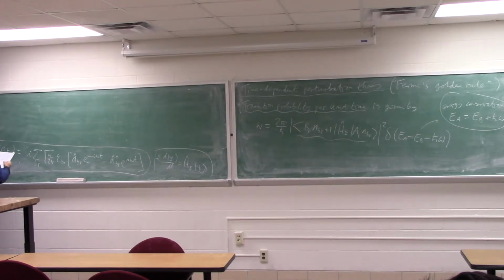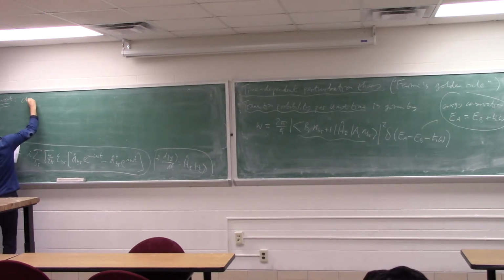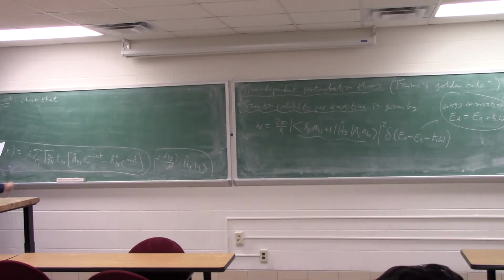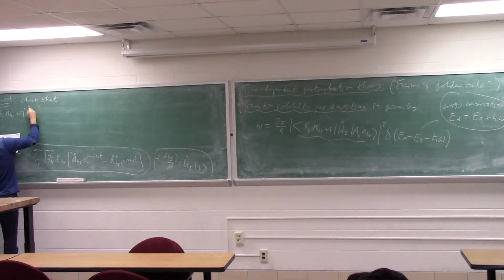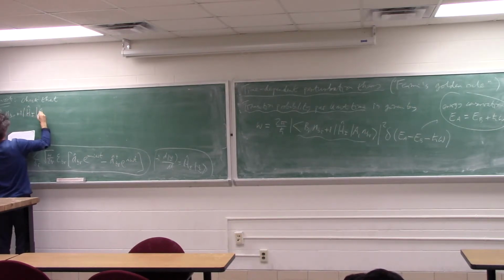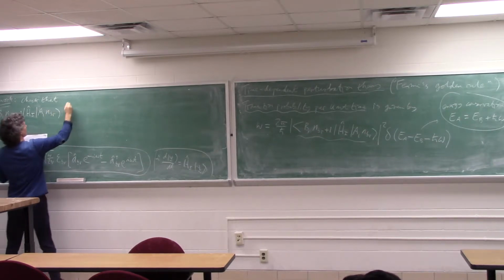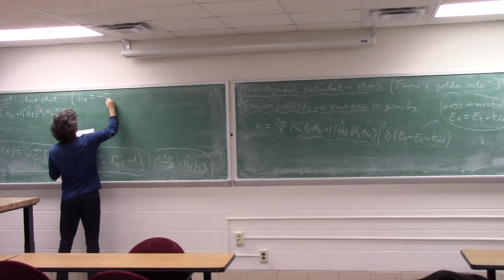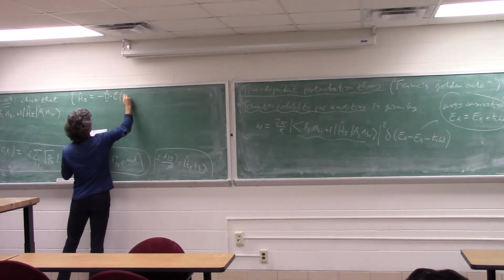Here is a homework problem: check this matrix element, B, n_kr plus 1, with the interaction Hamiltonian, where the interaction Hamiltonian is minus D dot E at the origin.